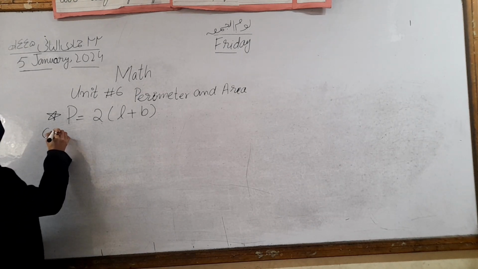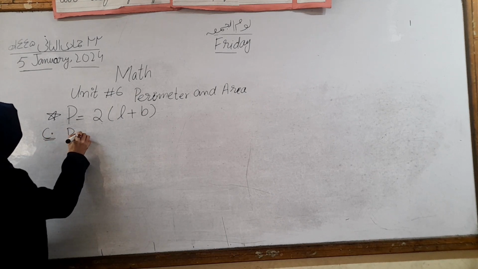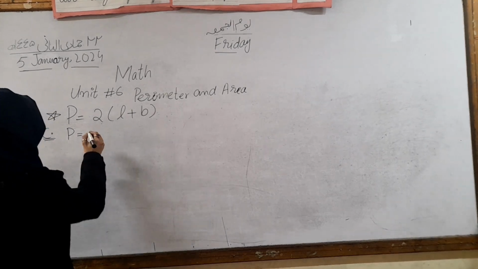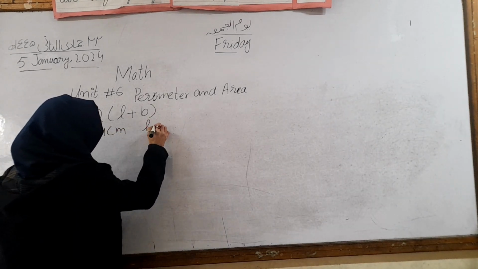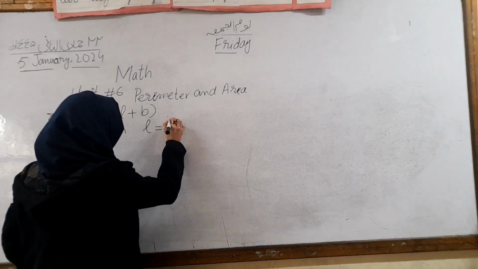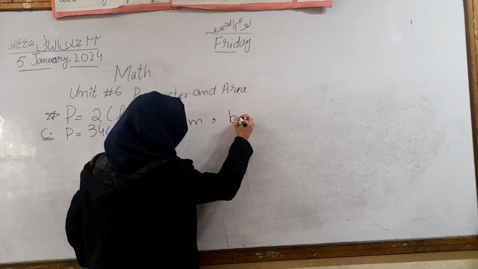Now we have C part, in which perimeter is 34 centimeter, length is 12 centimeter, and you have to find the breadth.